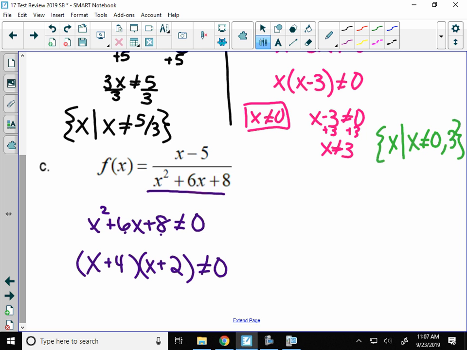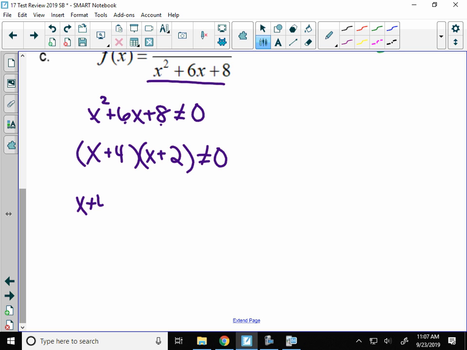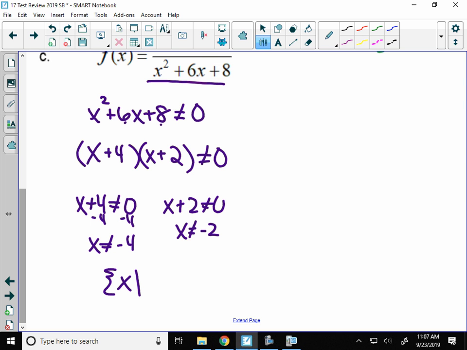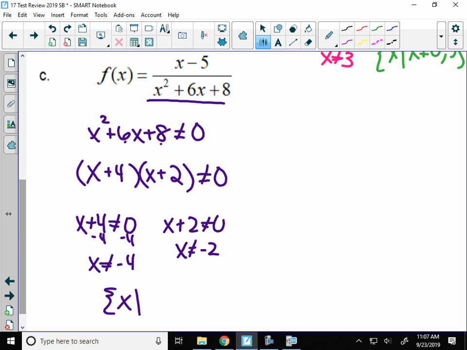Then I set both of those factors not equal to 0 and solve. So subtract 2 on the one and get x is not equal to negative 2. Subtract 4, and x can't be negative 4. So my set builder notation tells me my domain for f of x is all the x's where x cannot be equal to negative 4 or negative 2. But anything else in the world, my x could be. Okay, and the graph's going to look similar to that last one.